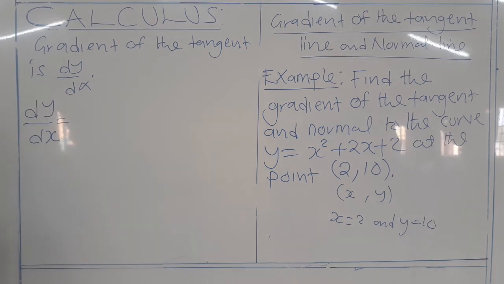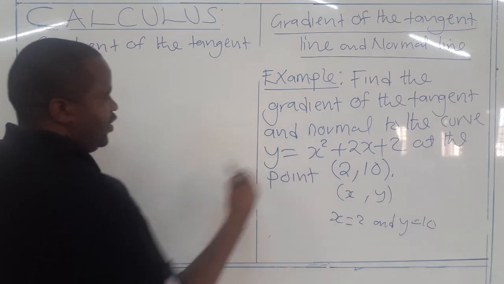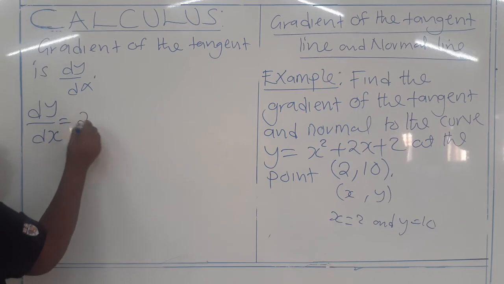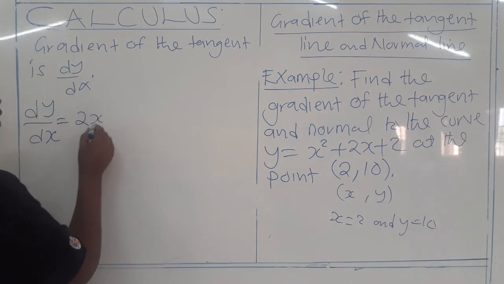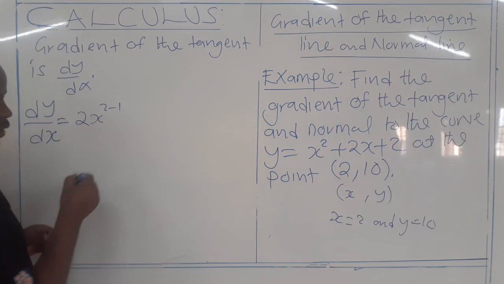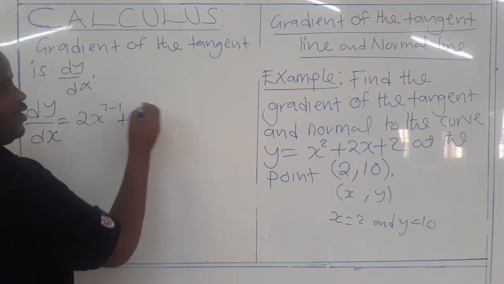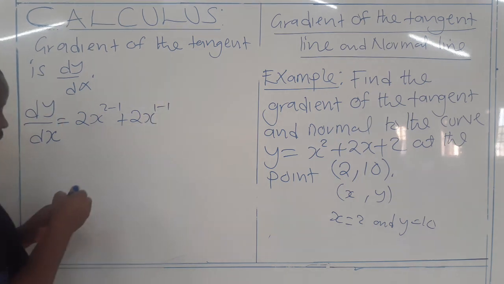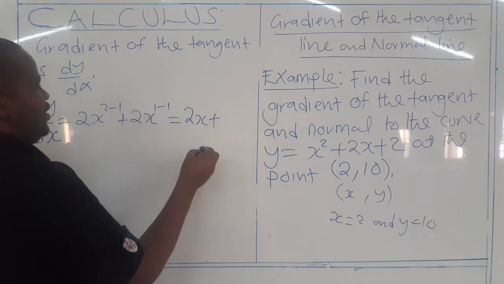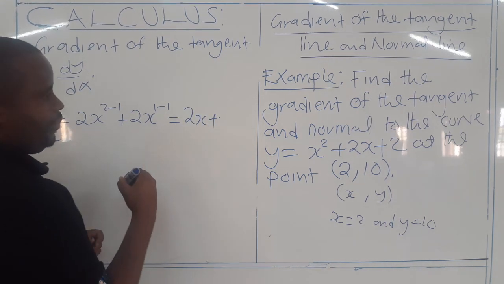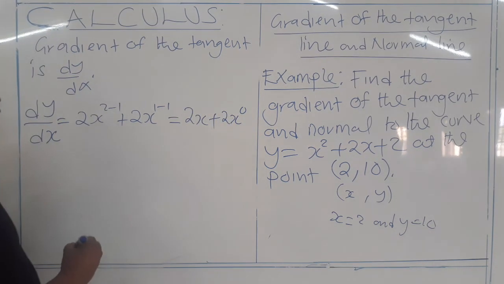So dy/dx is equal to, the power law demands that you multiply the power by the coefficient. So we'll have 2, because the coefficient here is 1, so 2 by 1 is 2, x to the power 2 minus 1. Plus, here the power is 1. 1 by 2 gives 2x to the power 1 minus 1, which is 0.